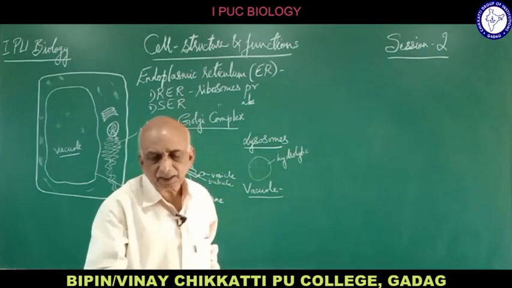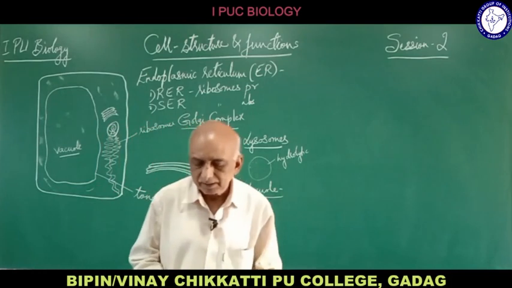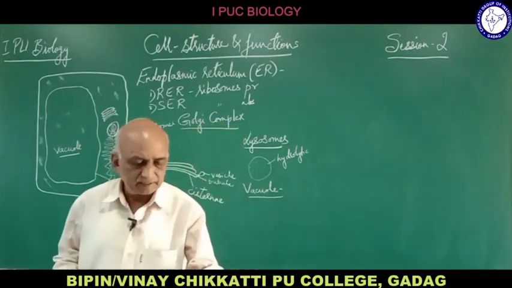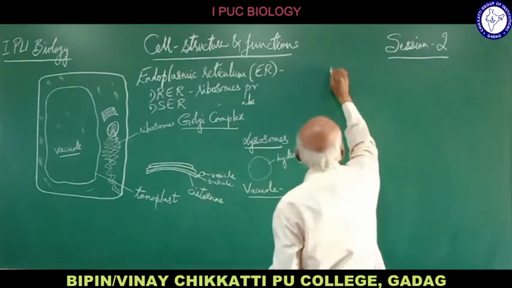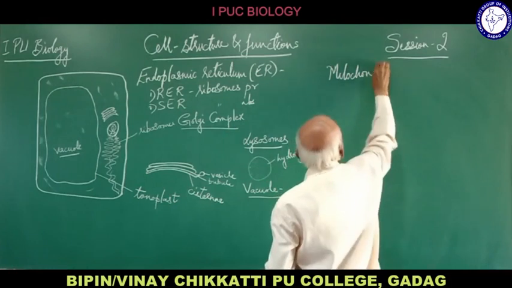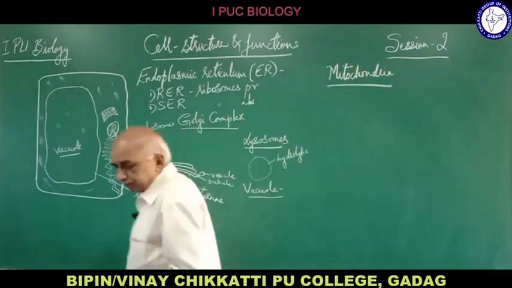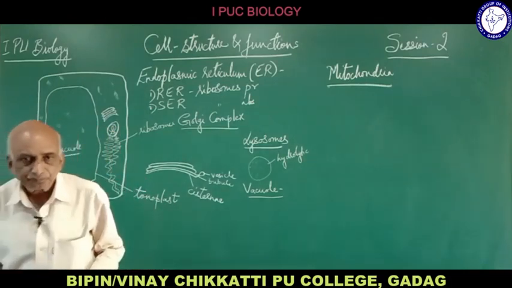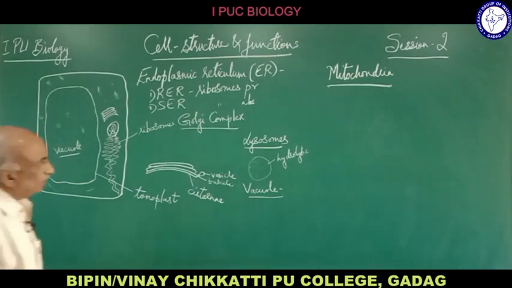So other organelles like mitochondria, plastids, and other structures are also present. Suppose when we talk about mitochondria, and then we shall talk about the plastids. So mitochondria are also important organelles which are present in the cell.